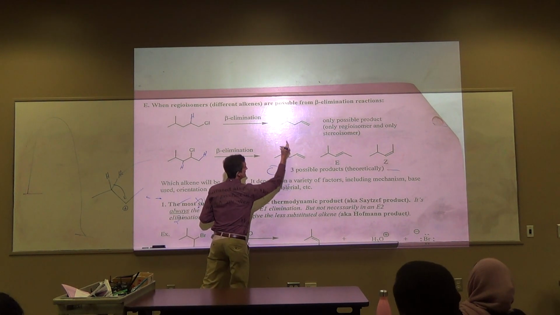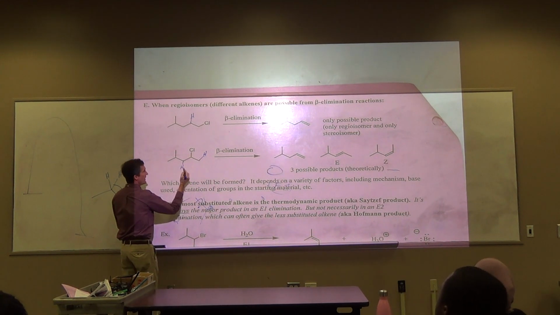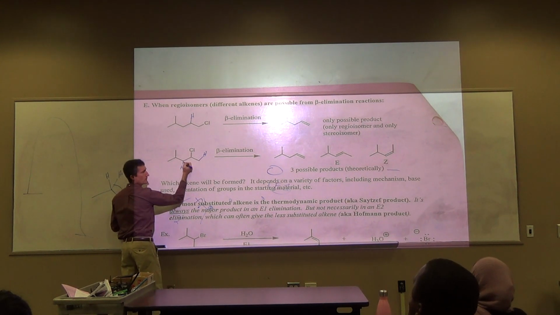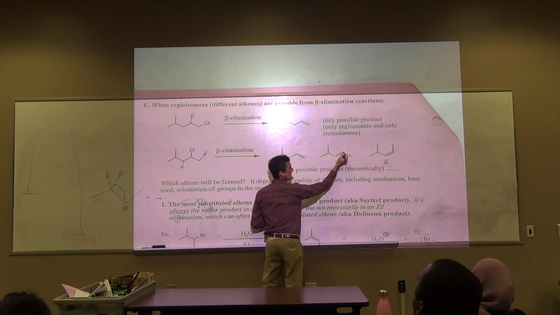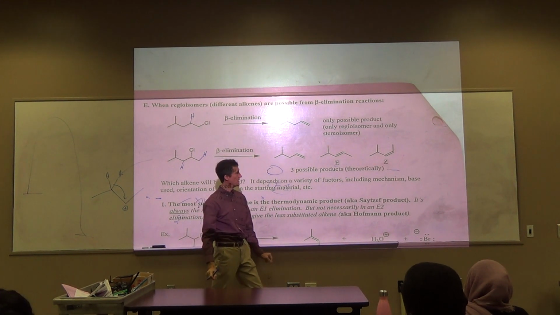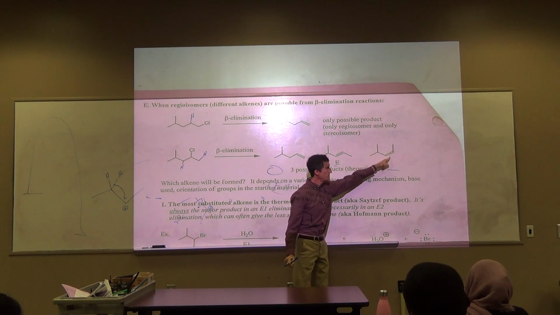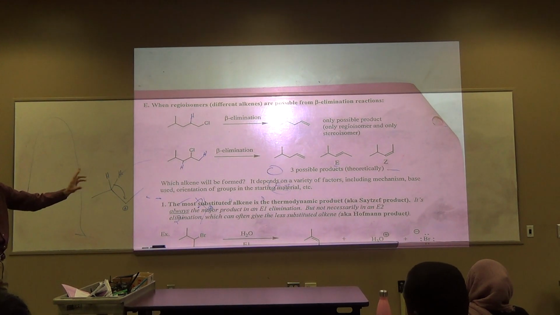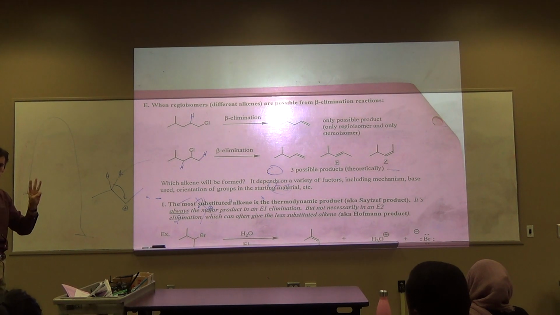That would be that, same product as above. But down here, we can also put it in over here. And that would be this. But guess what? This alkene is stereogenic. And it could possibly be the Z product. So in that scenario, there's 3 theoretical products. And we have to figure out which one is going to be formed.